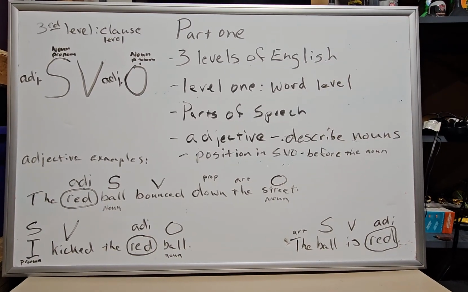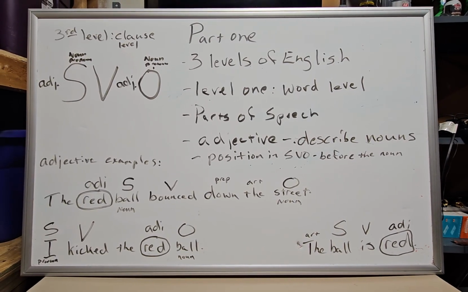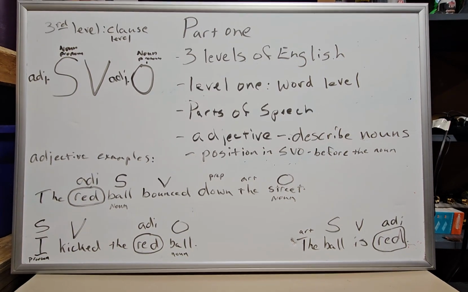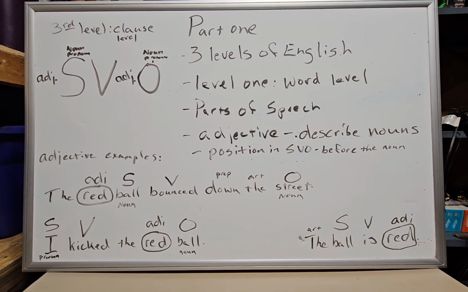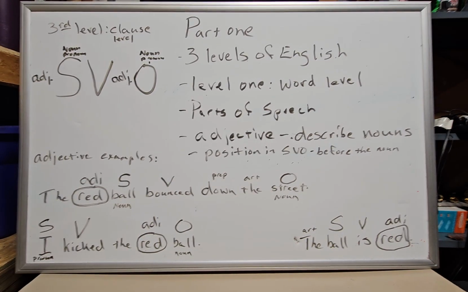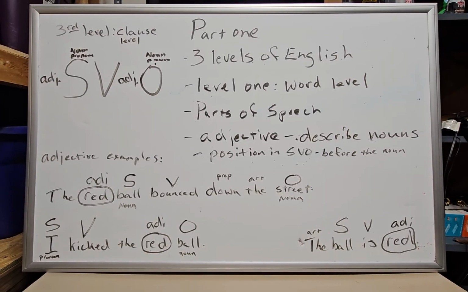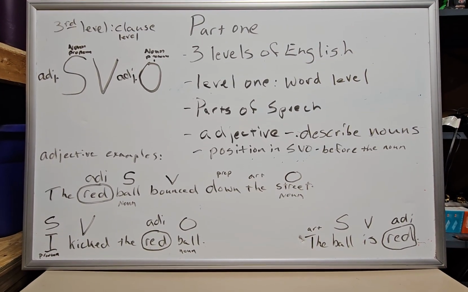There are times when the adjective comes after the noun that it describes. Look in the lower right-hand corner. The example reads, "The ball is red." Always, first looking for subject, verb, object.